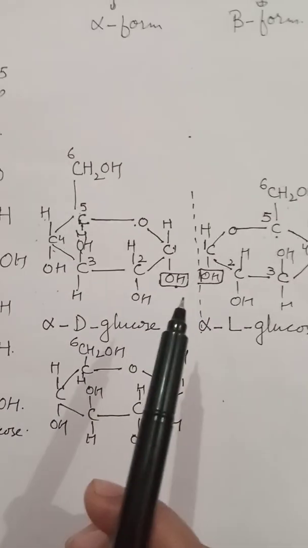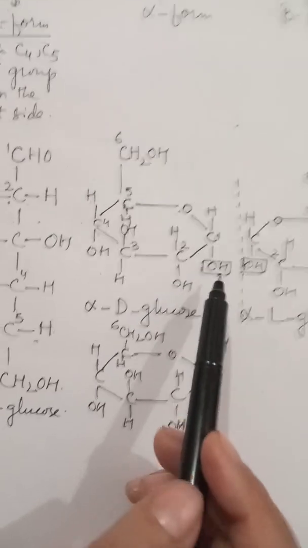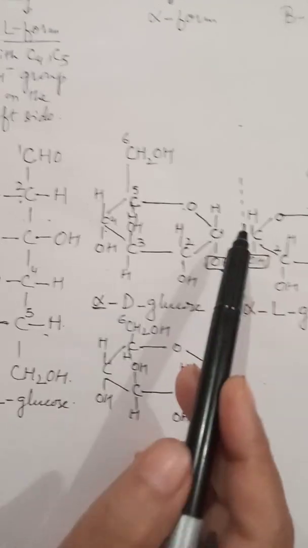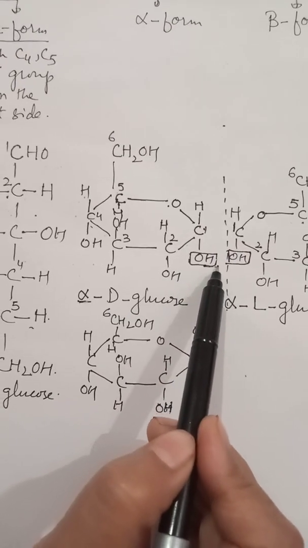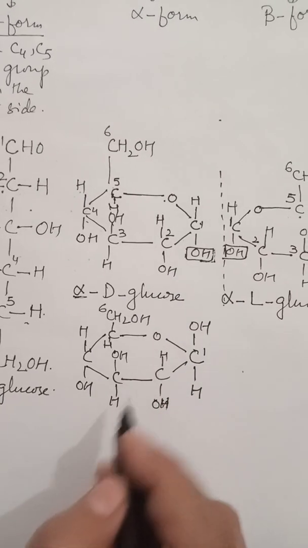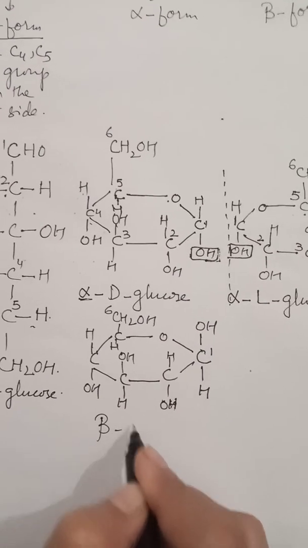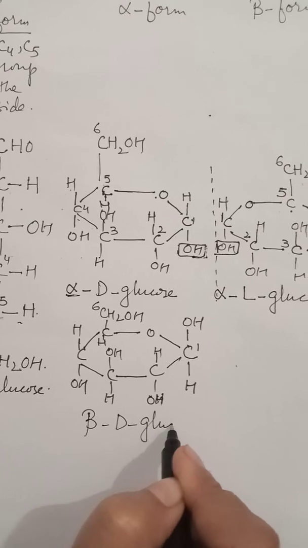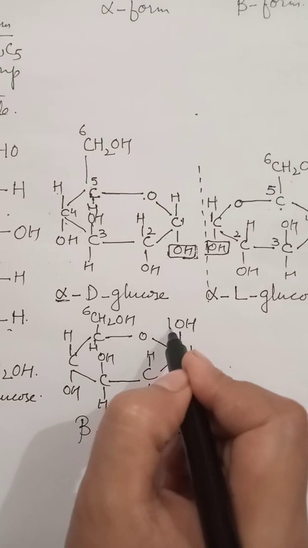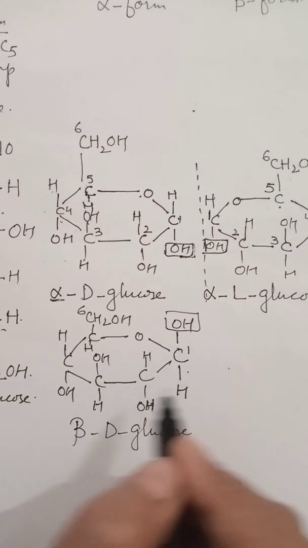Keep in mind with carbon number 1 that if it is alpha, you have to write the hydroxyl group in downward position, and if it is beta, as in beta D glucose, you have to write the hydroxyl group in the upward position.